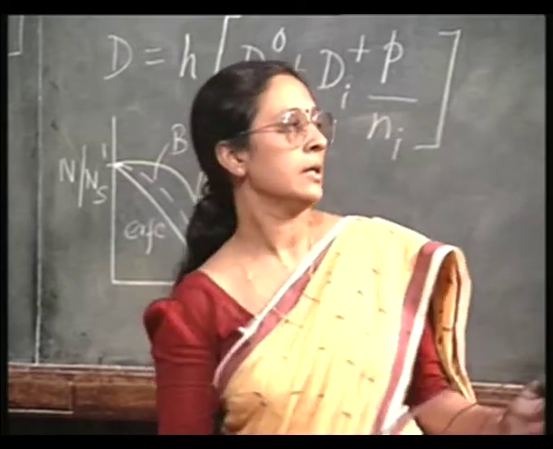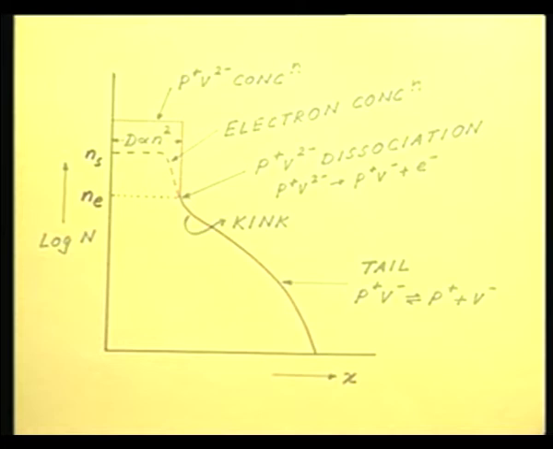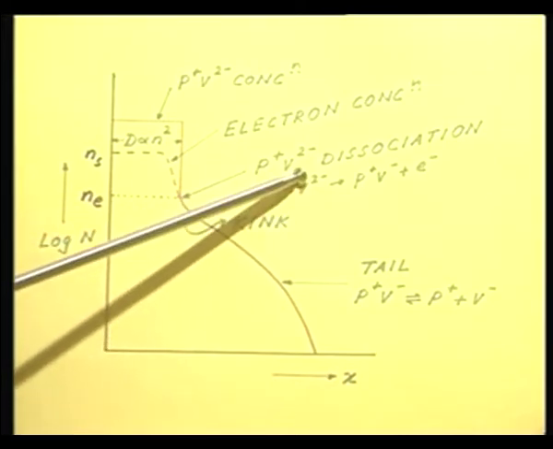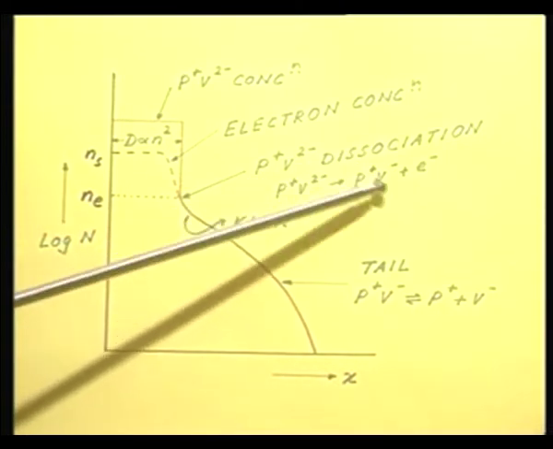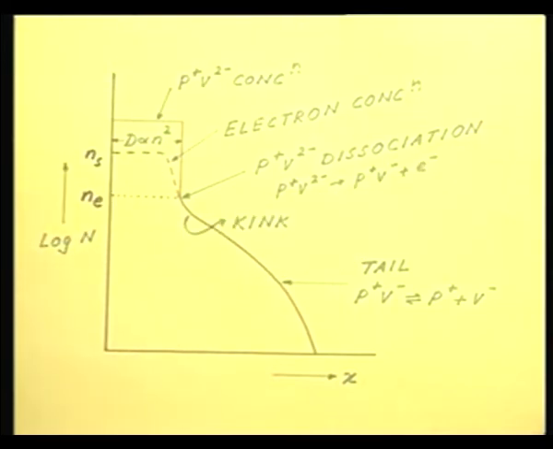So, then this is the significance of this, that then these doubly ionized vacancies begin to release electrons and it dissociates. See, P plus V2 minus dissociates into P plus V minus, that is a singly negatively ionized vacancy, and it releases one electron because the Fermi level is now sweeping by. Okay.